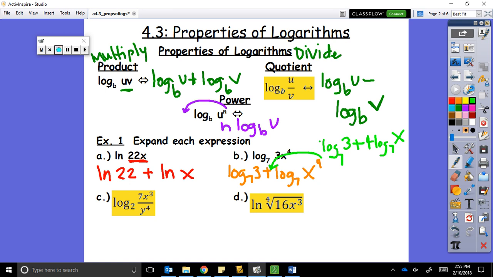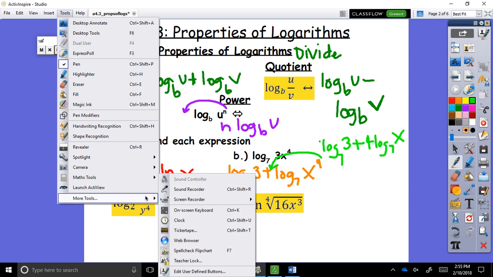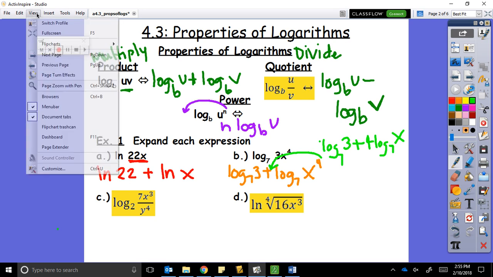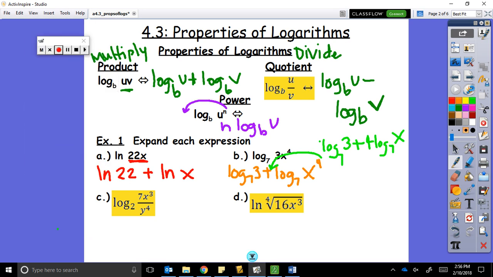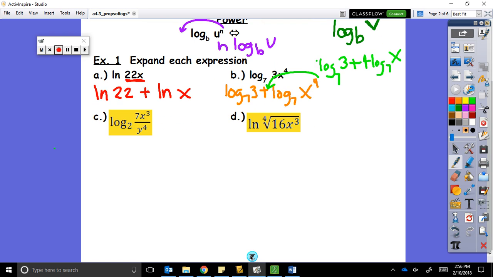And if you're feeling ambitious and you think you got C right, try D. All right, let's look at C and then we'll talk about D.